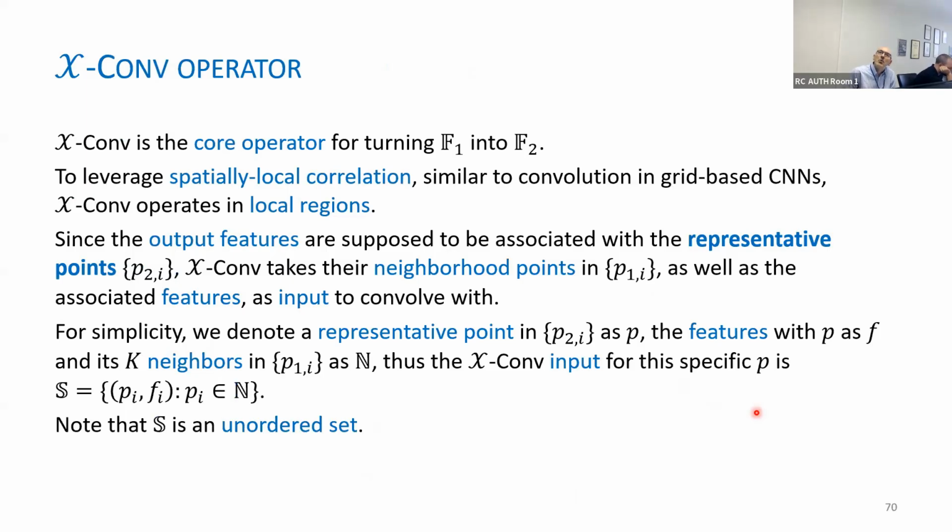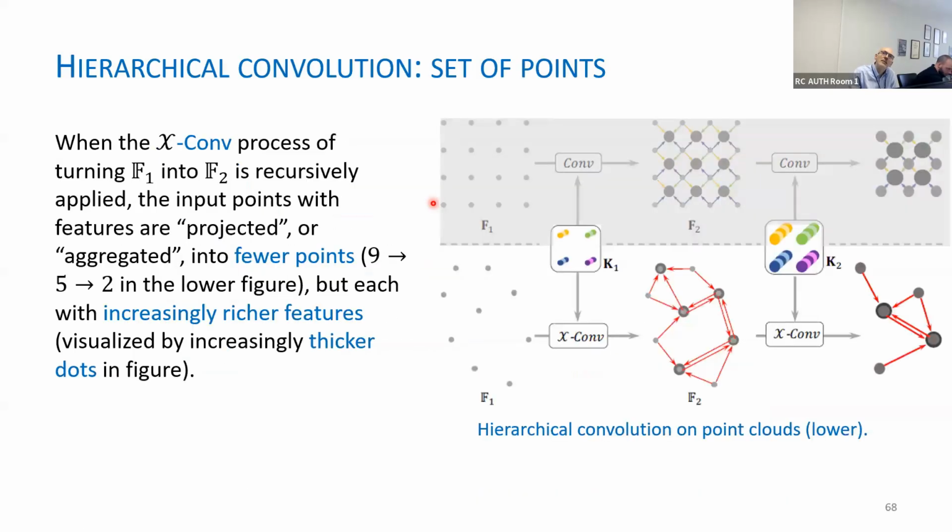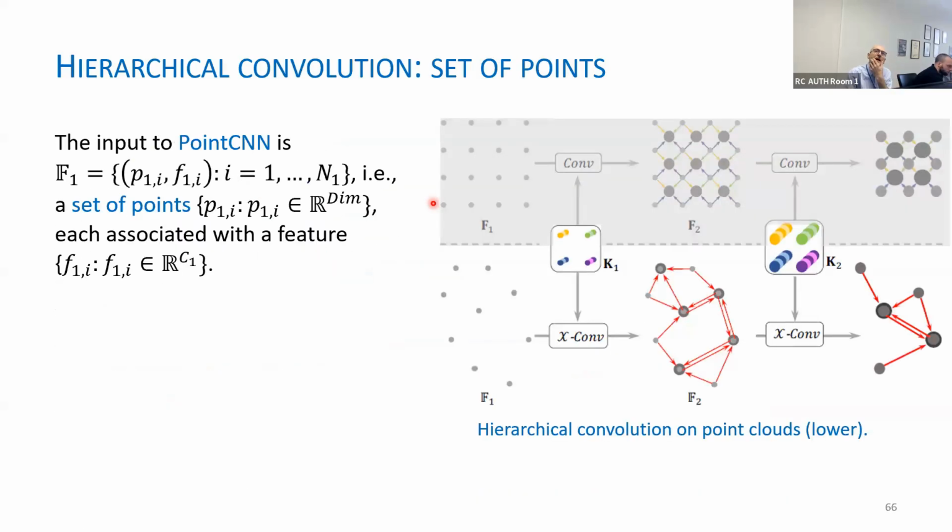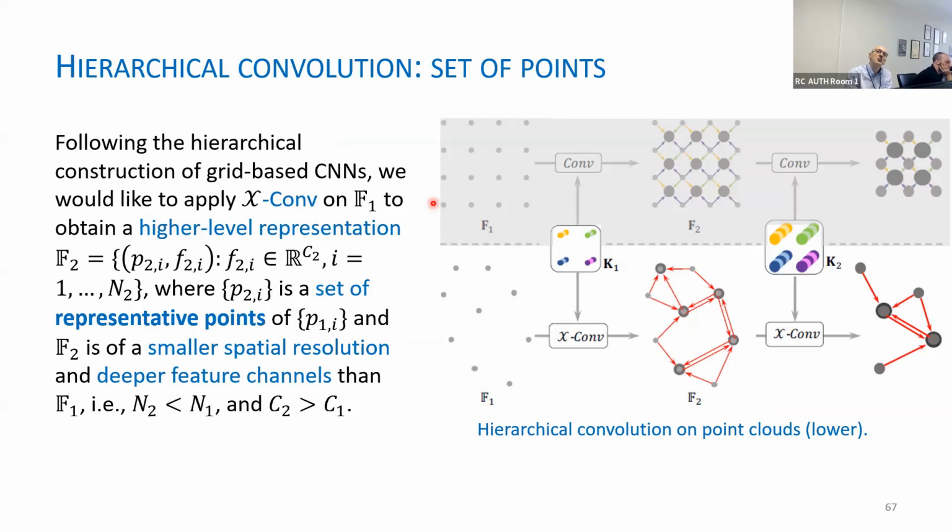And here we go to the core of this work, which is how to define this XConv operator, which is the core operator for passing from level 1, F1, to F2, where P1 and F1, you remember, are the set of the original points at the previous level with the coordinates and the features, and F2 is the selected set of representative points with the associated features.